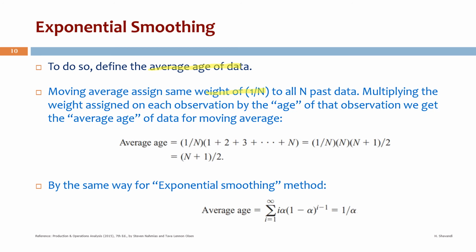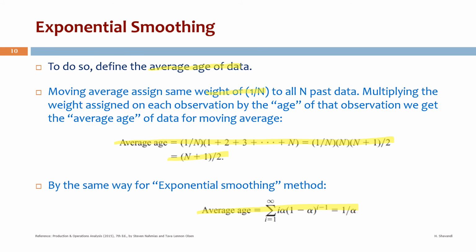If we multiply this same weight by the age of each observation, then at the end we obtain the average age, which will be (n plus 1) divided by 2. And if we do the same for exponential smoothing, then the average age will be 1 over alpha.